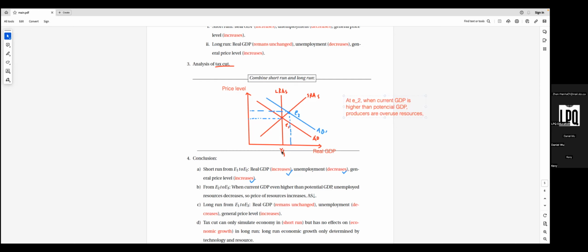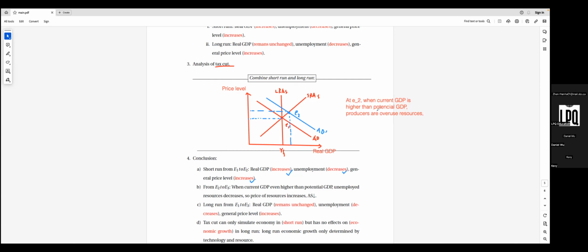Once again, if we use up all the resources with the best technology, the highest production level is here. That is our maximum production ability. But how come this can happen? How come even a short-term GDP can be higher than the potential GDP?